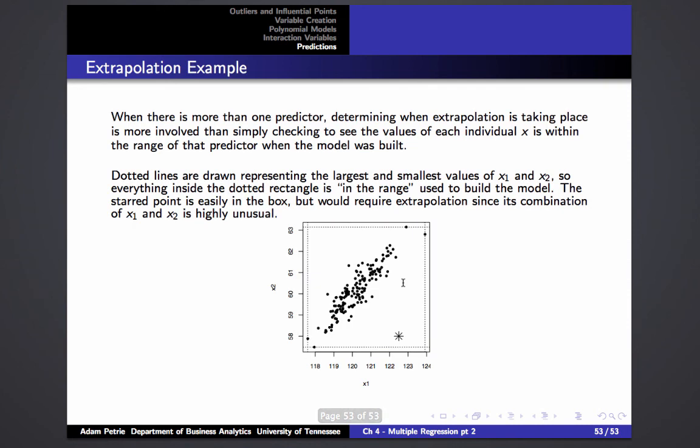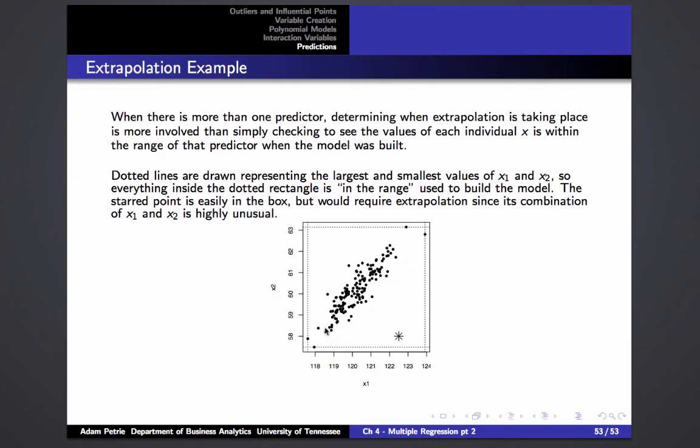So visually, what's going on? Well, let's imagine our predictor data cloud looks like this. We've predicted y from x2 and x1, and here's the relationship between the x1 and x2 values in the data. Maybe we're predicting something based on someone's height and weight. Height and weight have a pretty strong association, so x2 might be height, x1 might be weight here. Okay, so we would not be extrapolating if we were predicting at a combination of x's somewhere in this ellipse here.